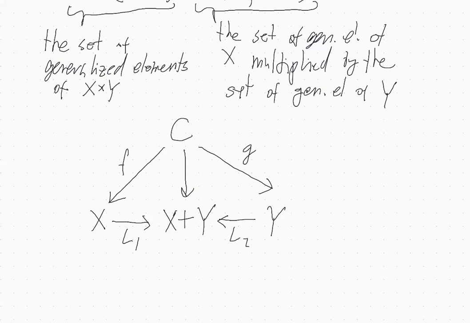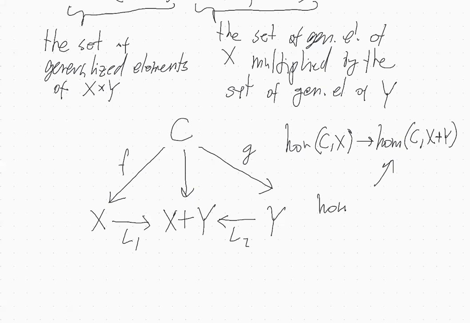So I do have maps from hom Cx to hom C(x plus y), as well as from hom Cy to hom C(x plus y). I might have much more generalized elements of x plus y than those that came from either x or y.